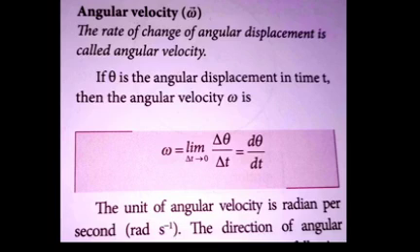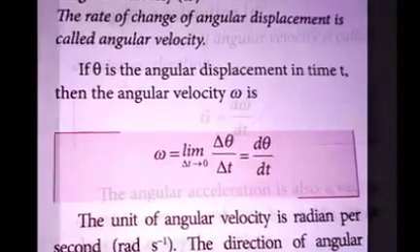If theta is the angular displacement and time is t, then to calculate angular velocity, omega is equal to limit del t tends to 0 of del theta divided by del t. Therefore we get d theta divided by dt. That is the formula for angular velocity: omega equal to d theta divided by dt. The unit of angular velocity is radian per second, whereas for linear velocity it is meter per second.